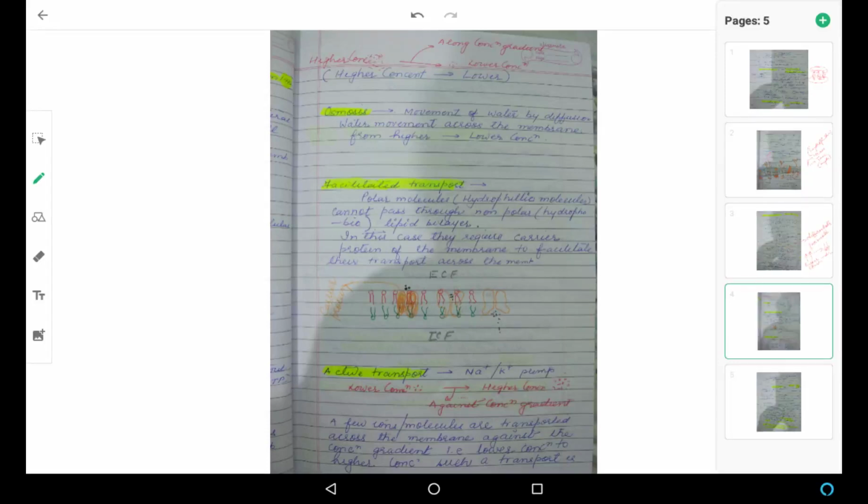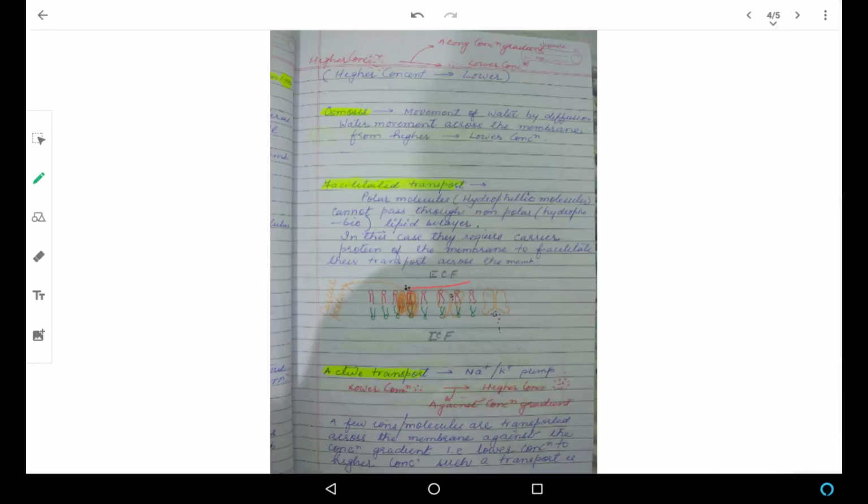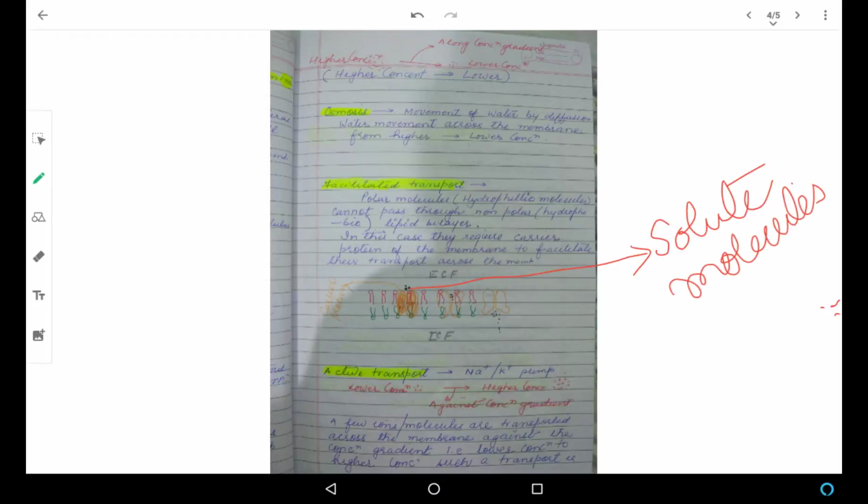These polar molecules, since they are hydrophilic, cannot pass through the non-polar hydrophobic bilipid layer. In this case, we require a carrier protein of the membrane to facilitate the transport of polar molecules. Like this, these are the solute molecules, and they have to be ported inside.